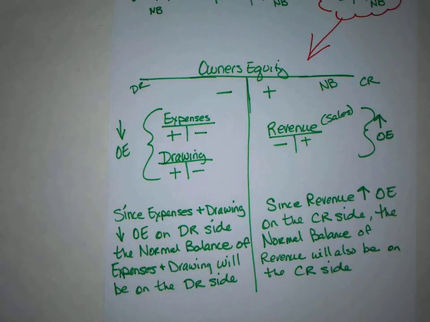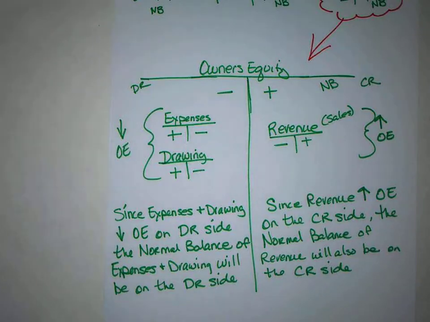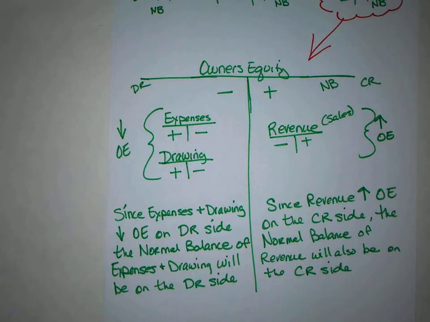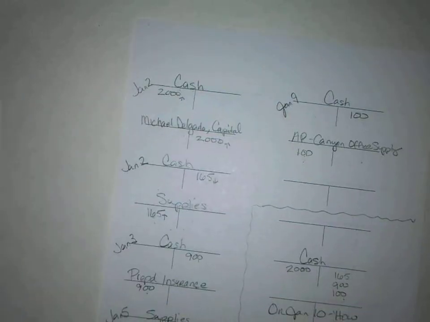All right. Okay, so we'll go through some transactions from Michael Delgado again. If you will find in your papers, this is the one we actually did with Michael Delgado for lesson 2.2.